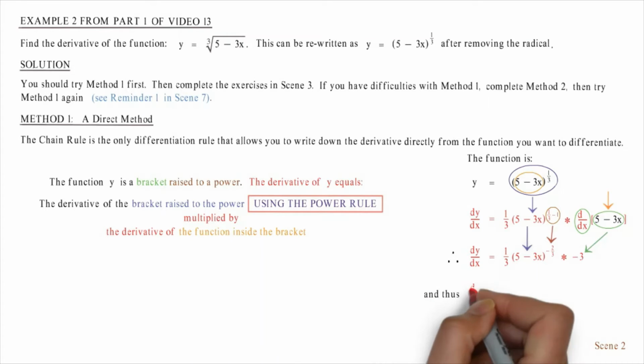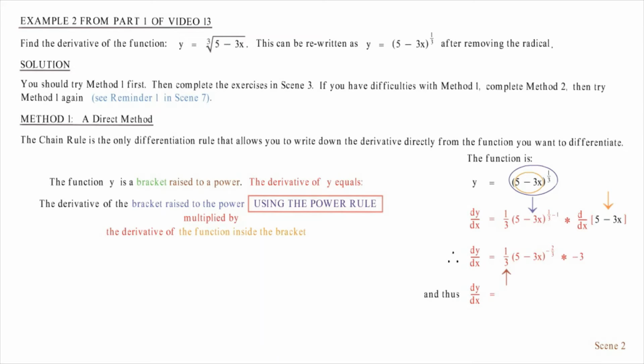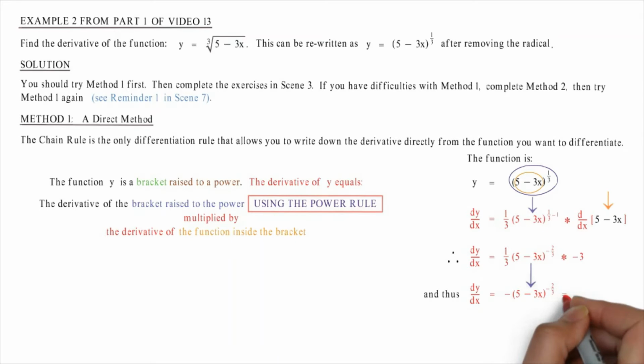Thus dy by dx equals 1/3 times minus 3, which is minus 1. Now replace minus 1 with minus, then bring down (5 minus 3x) to the minus 2/3, which equals minus 1 divided by (5 minus 3x) to the 2/3.